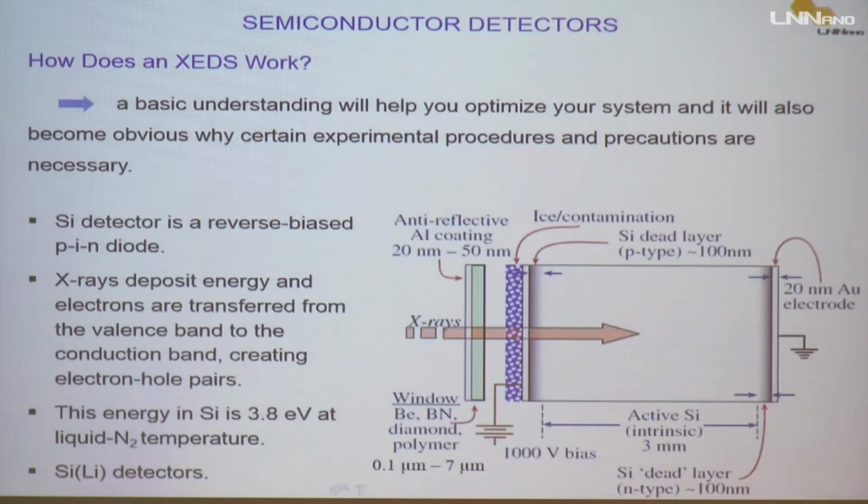Then you have an amount of electrons that, because of this difference in potential, will be measured as a current. This amount of current will be translated into voltage by the electronics of the system.